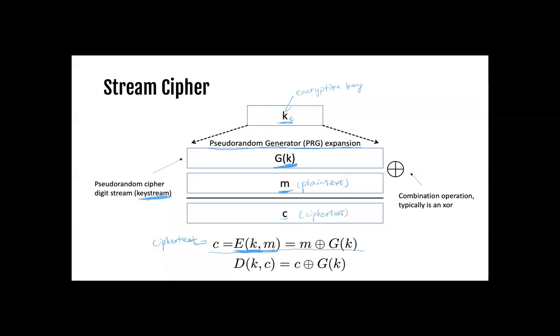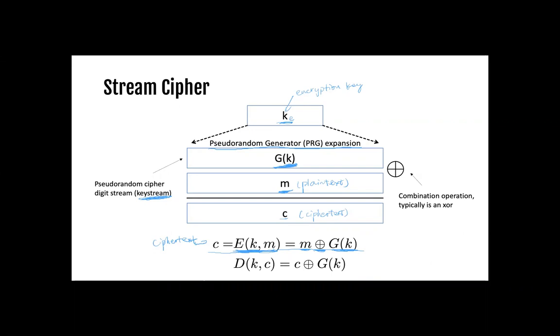What it does is combine the plain text with a converted key string from the original encryption key. Usually this combination is an exclusive OR, an XOR. It can be something else, but usually it's an XOR.